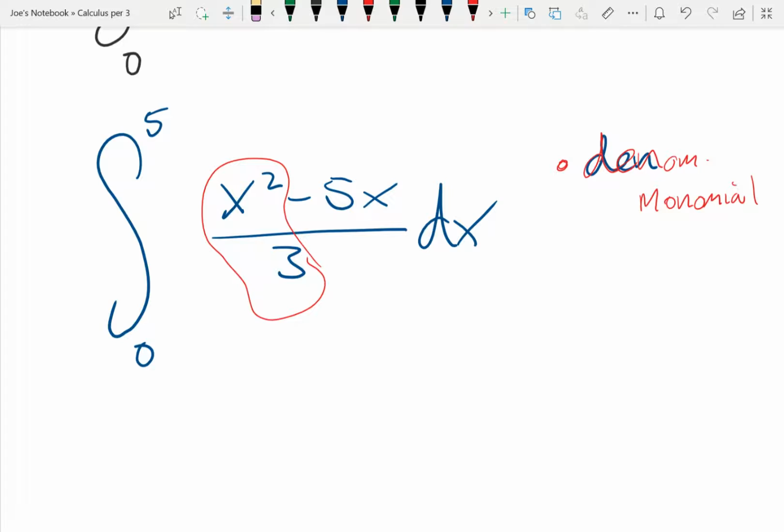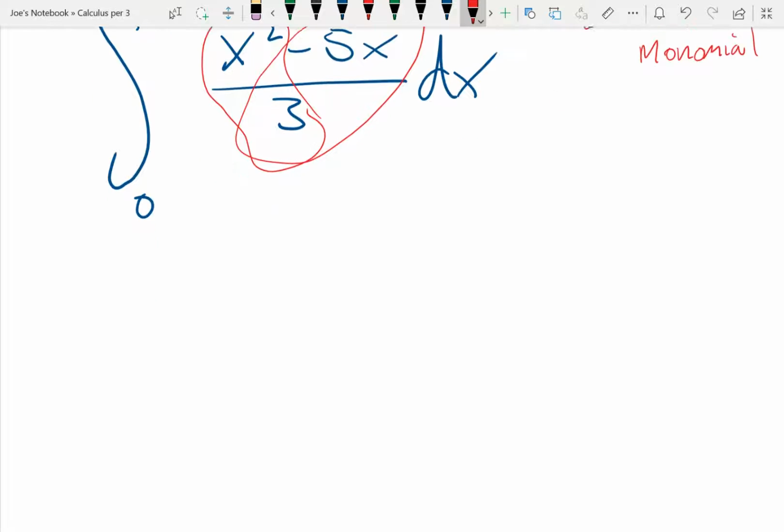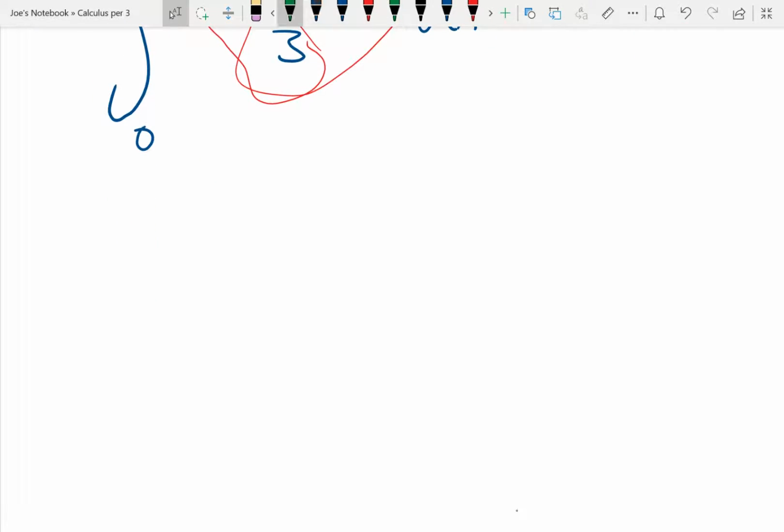So you just use your algebra and break it up. Once you've done that, then it's add 1 to the power, divide by the new power business, and good to go. Just do f of b minus f of a, and Bob's your uncle, you're home. Then check the answers on CalcChat or in the back of the book, and then ask me questions.